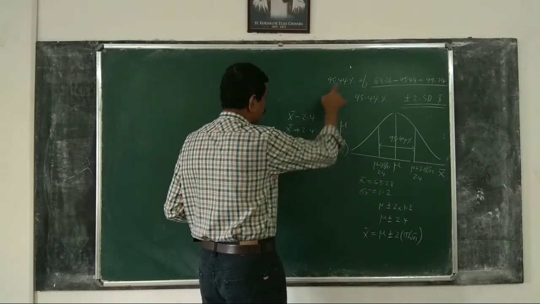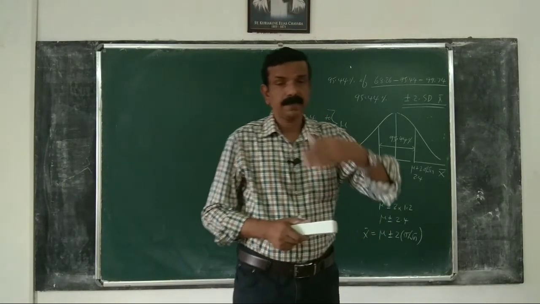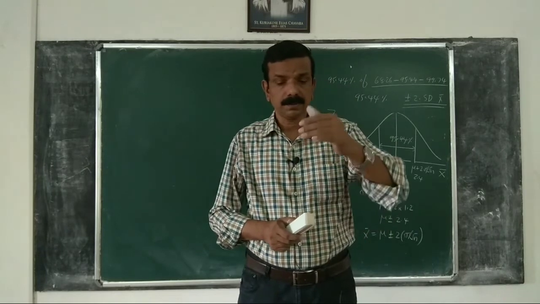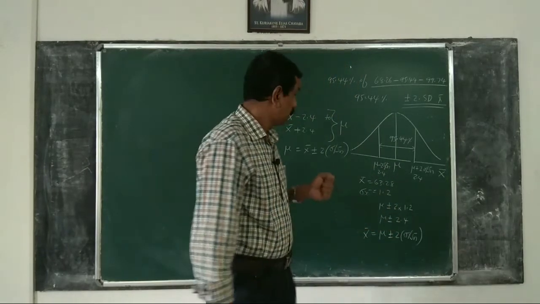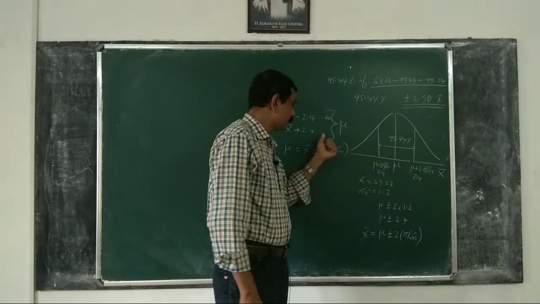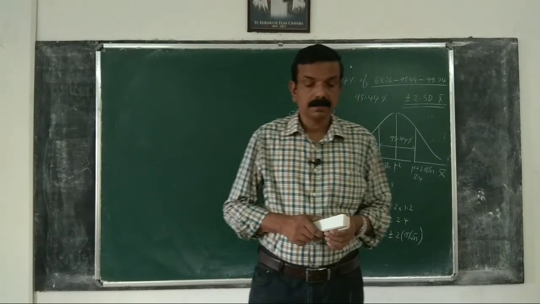Again 95.44. So the statement is 95.44% of all samples have the property that the interval from X bar minus 2.4 to X bar plus 2.4 contain mu.